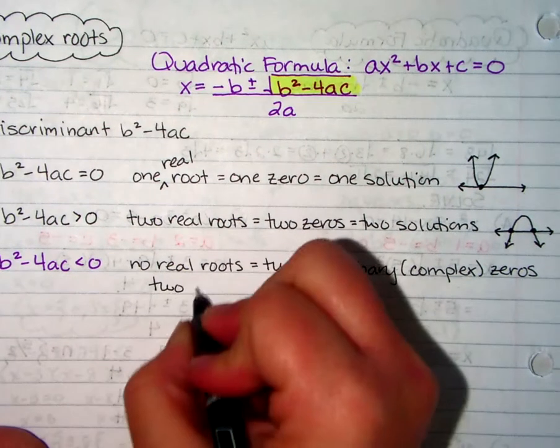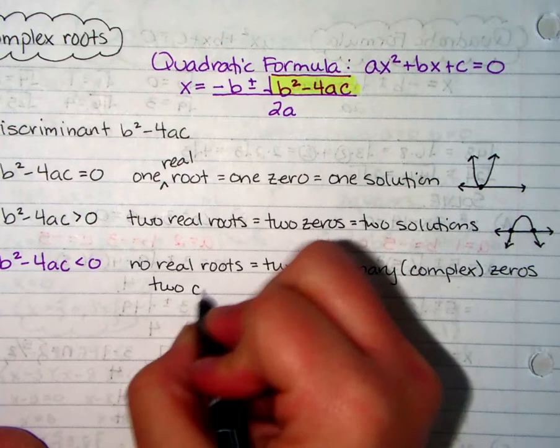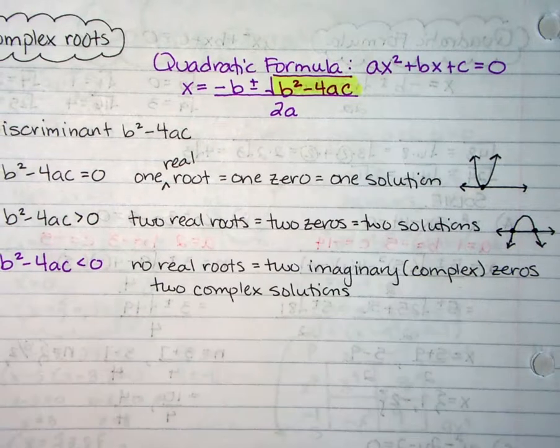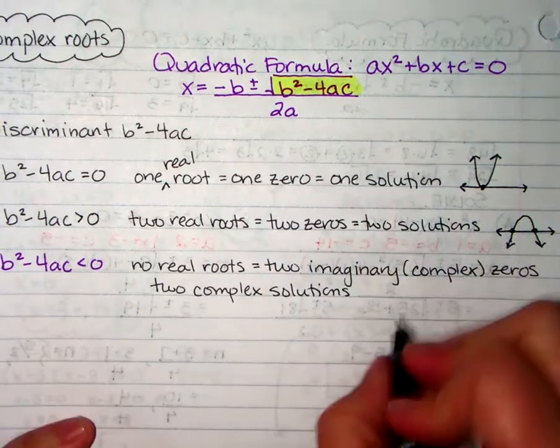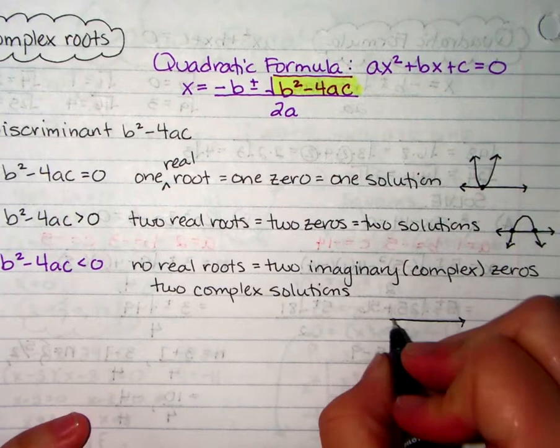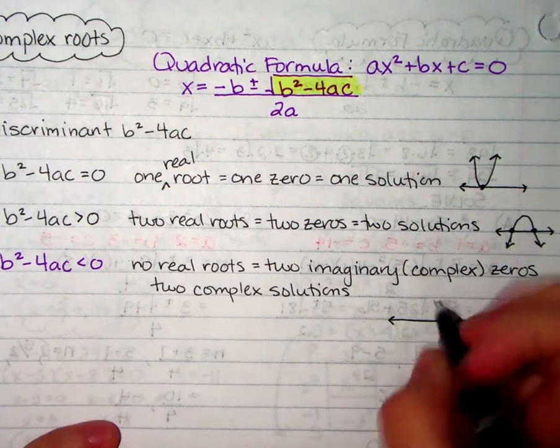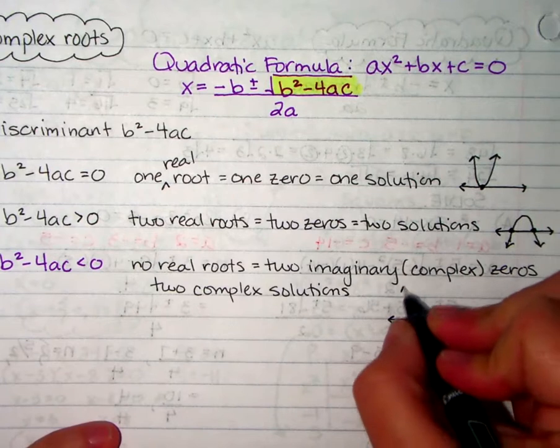And with complex solutions, even though they're answers, this does not tell us where the graph is going to cross the x-axis. I'm still going to have a parabola opening up or down, but it's going to hover somewhere on the other side of the axis. It's never going to touch.